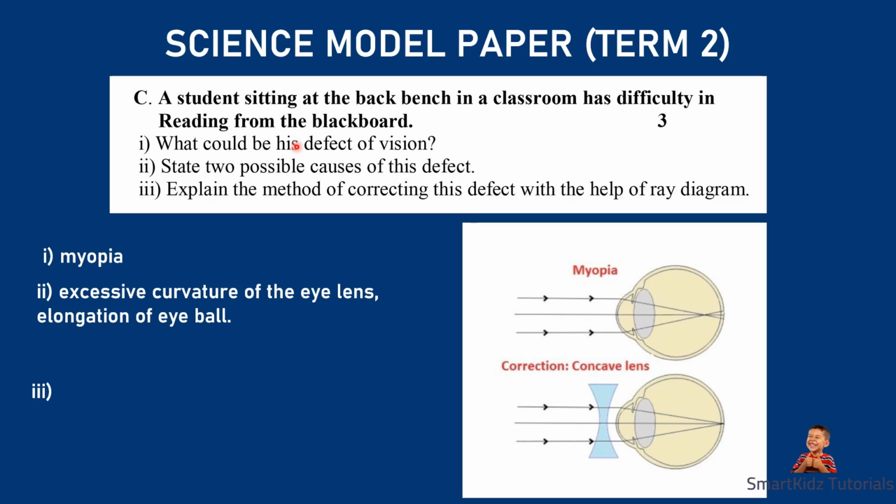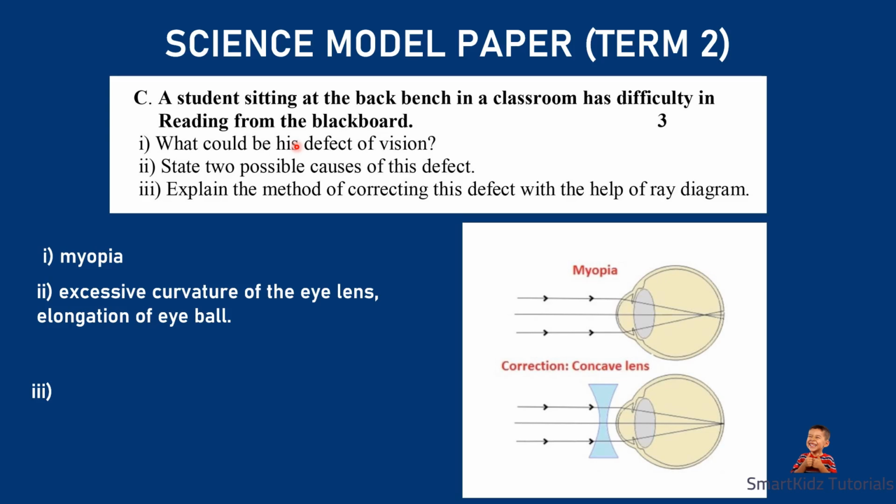So probably this student can see things which are close by, but can't see materials or objects which are at some distance, so he is suffering from myopia, which we call short-sightedness.